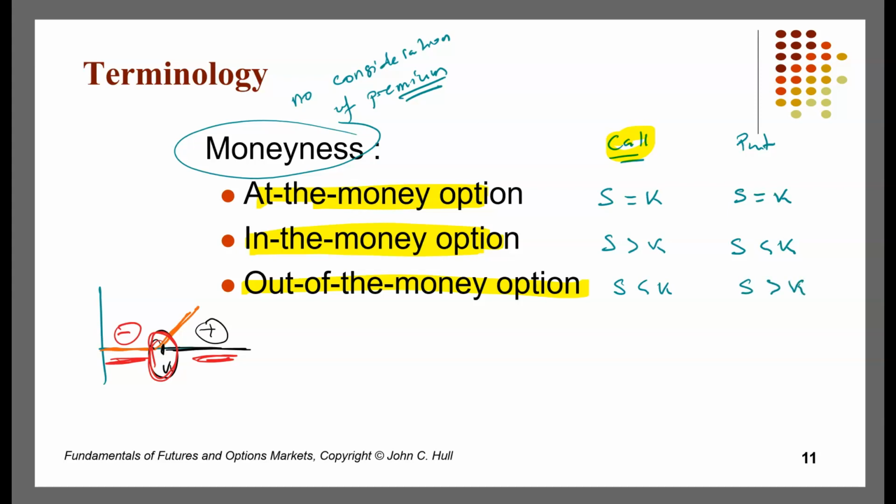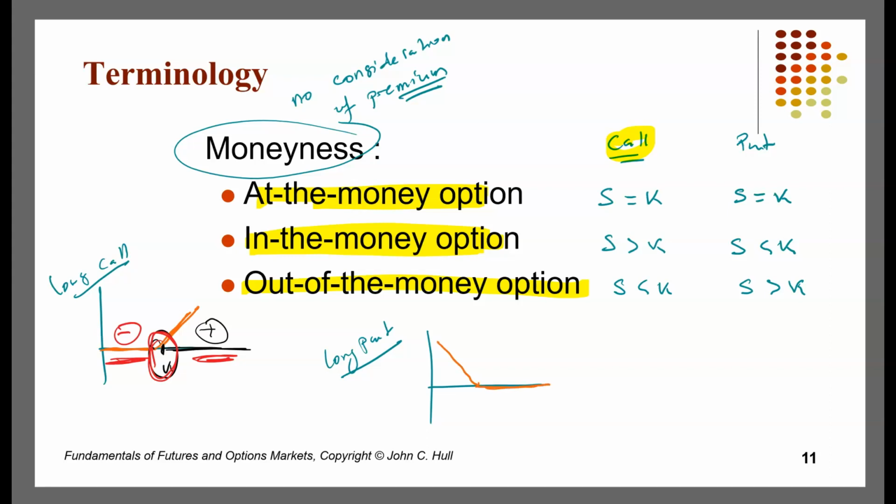And so if we remember our diagram for the put option, our long put option had a diagram that looked something like this. So we had this and that.